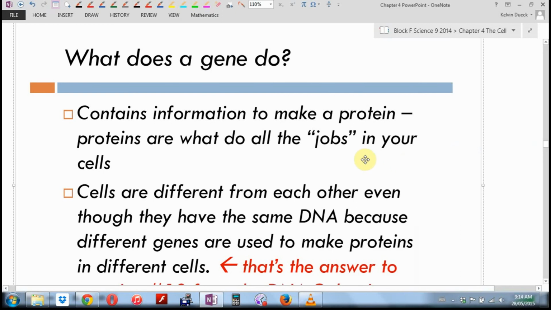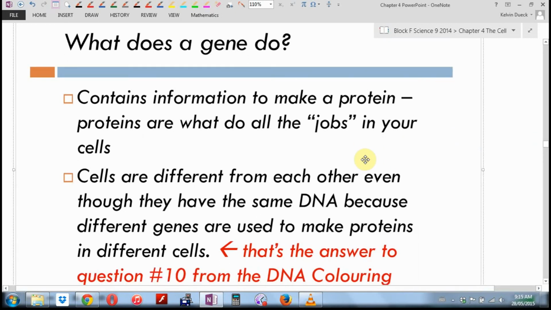So, continuing on. What does a gene do? It contains information to make a protein. Protein is EI, by the way. Proteins are what do all the jobs in your cells.